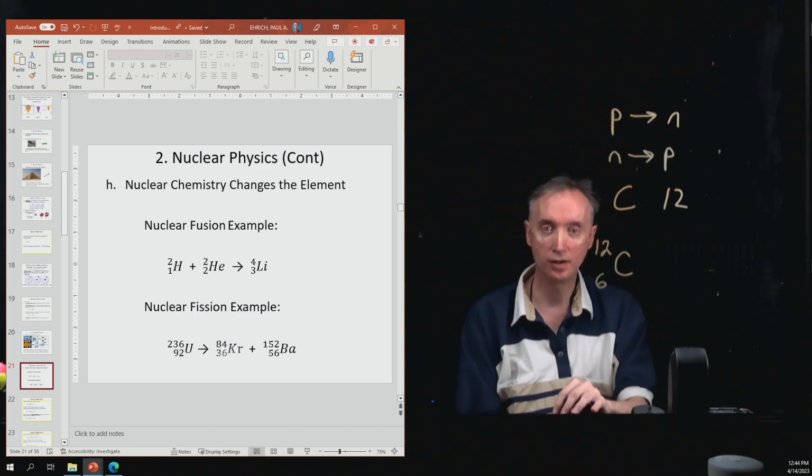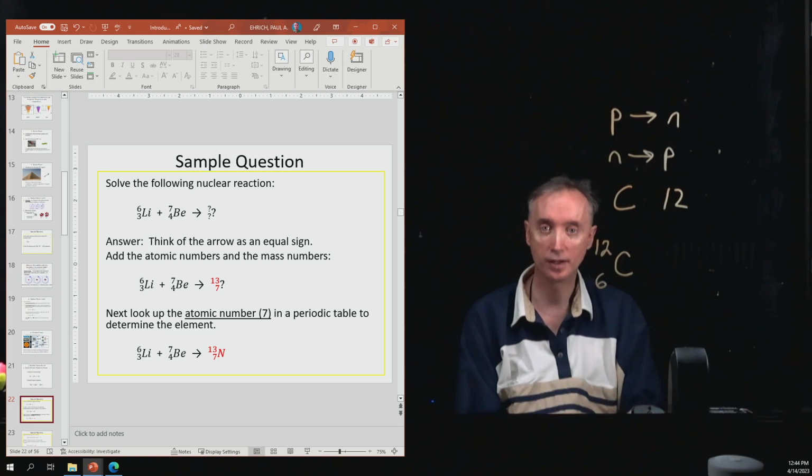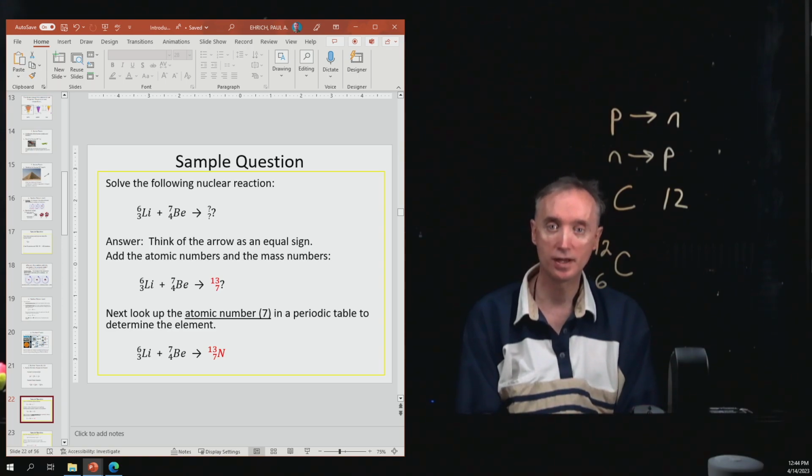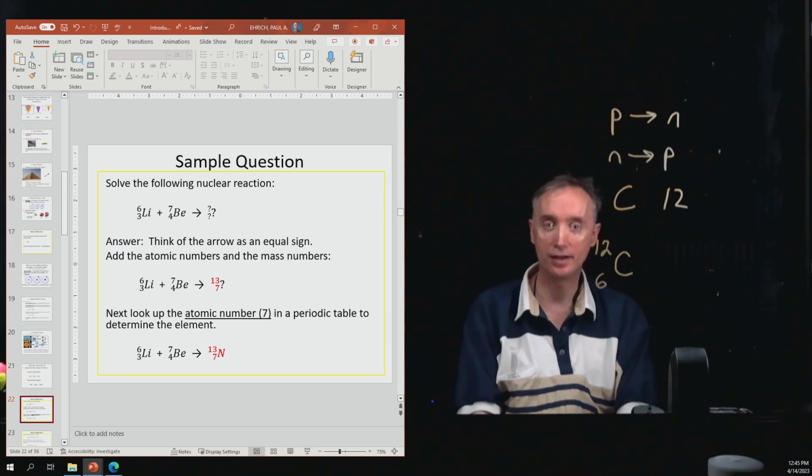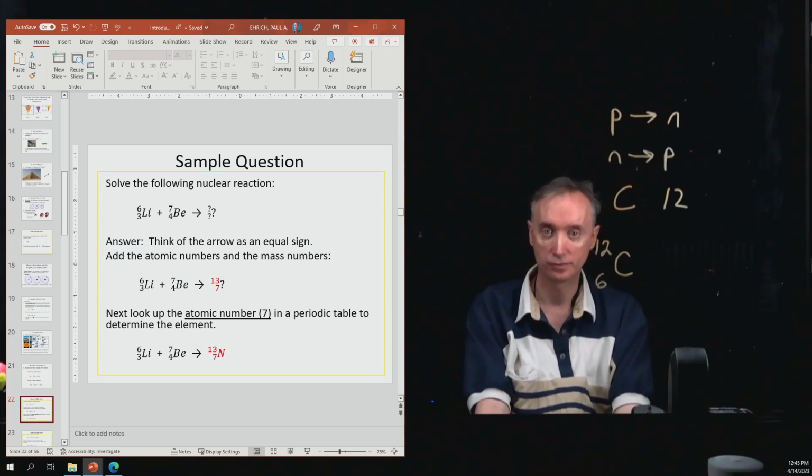But what you're going to see on the exam is something like this. So we're going to take lithium and we're going to smash it into beryllium, and we want to know what it turns into. So you have to supply the numbers and you have to supply the symbol of what it turns into. So in order to do this, you're going to add the top numbers.